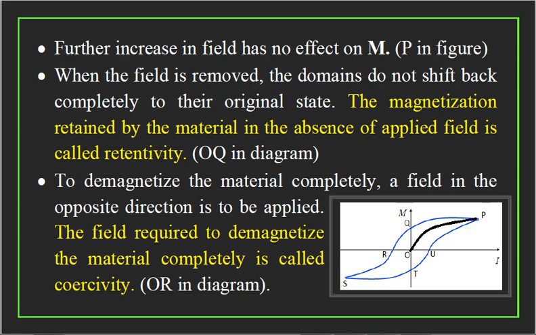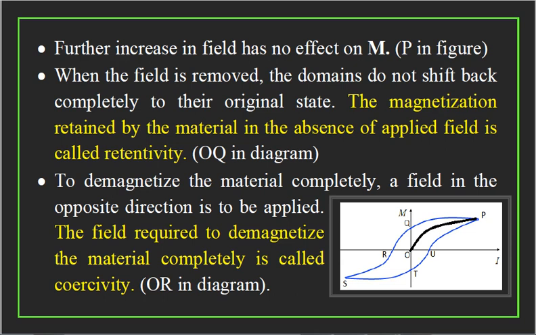This is represented by OQ in the diagram. And the magnetization retained by the material in the absence of applied magnetic field is called the retentivity of the material.